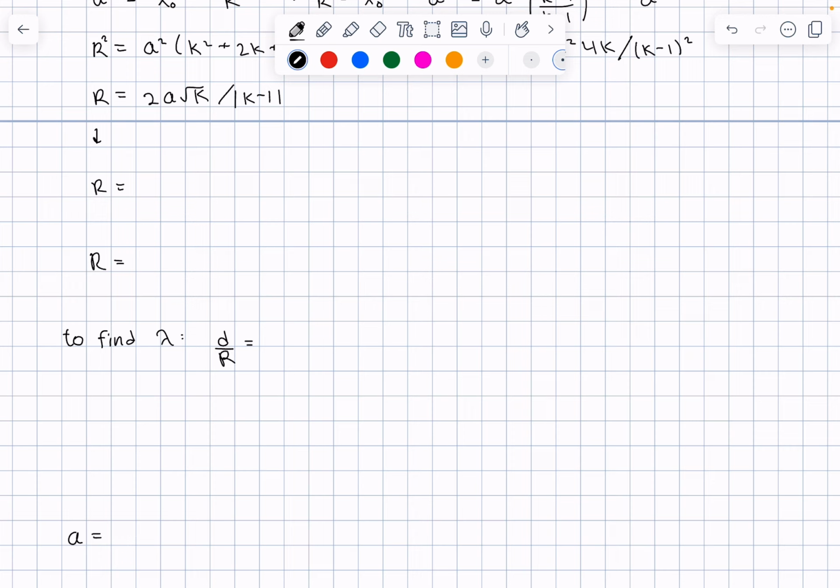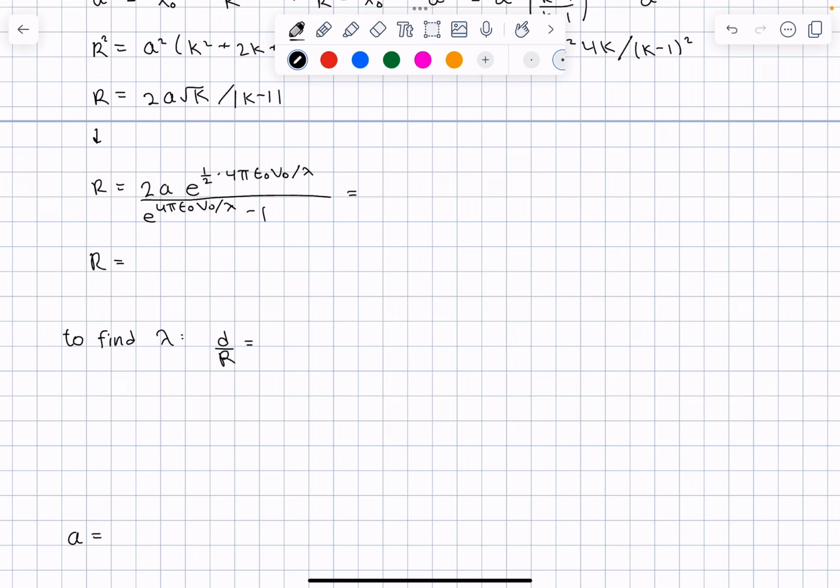So we can say that r is equal to 2a times e to the 1/2, because it's a square root, times 4 pi epsilon naught v naught over lambda, divided by e to the 4 pi epsilon naught v naught over lambda minus 1.